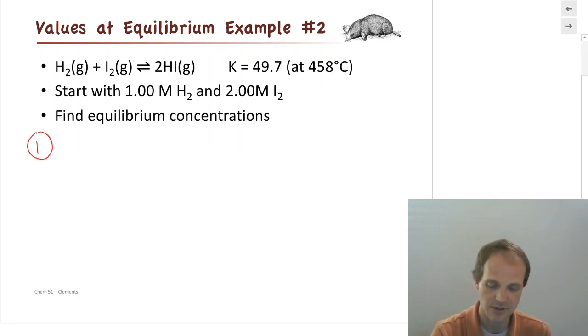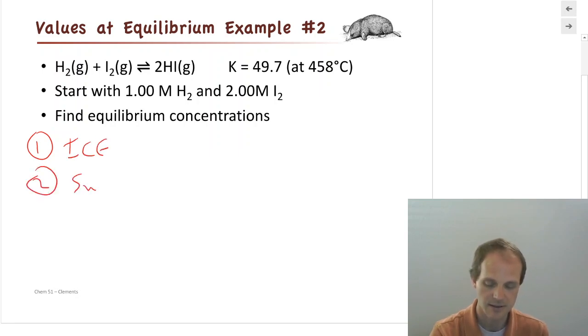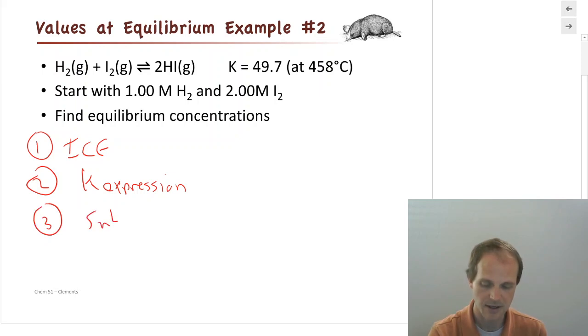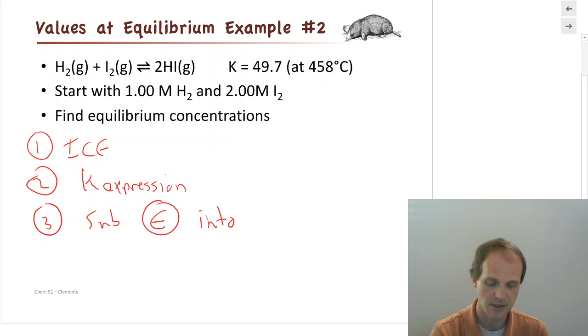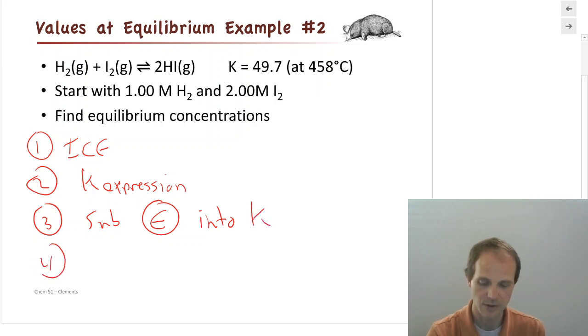What's the first thing we do? ICE table. Second thing, K expression. Third thing, we're going to sub the equilibrium line from the ICE table into K. And the fourth thing we're going to do is solve.